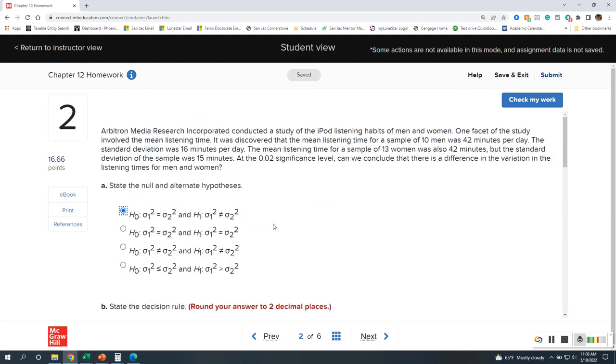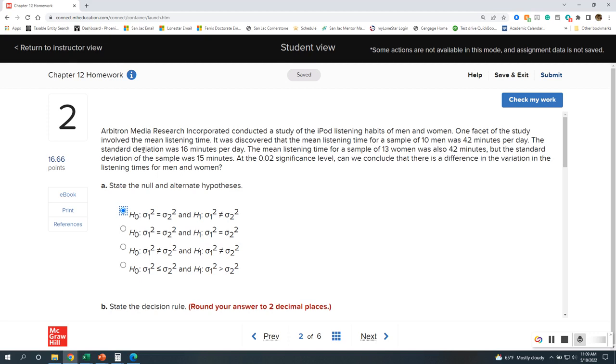So, state the decision rule. Alright, so, again, the number that's going to be on top, that's going to be on numerator, is the one that has the standard deviation squared going to be the larger.